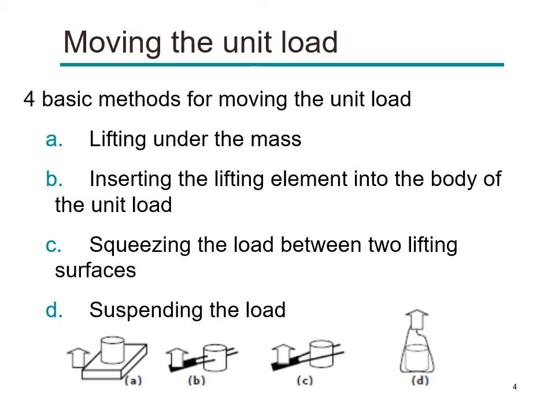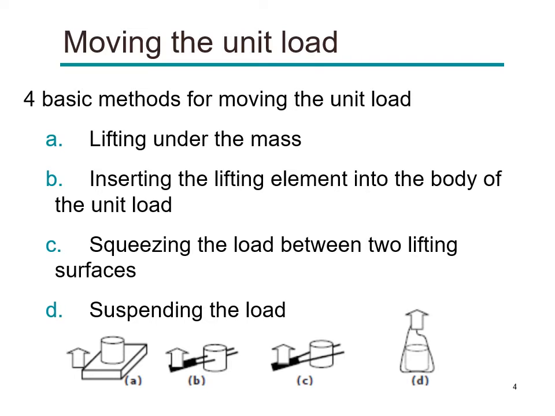We said that material handling is related to moving the items, storing the items, and controlling the items. So we use unit loads and unitizing equipment to decide on the quantity of items to be moved and stored at once. Moving the items is an important aspect, and unit loads facilitate this, not only for storage but also for moving.